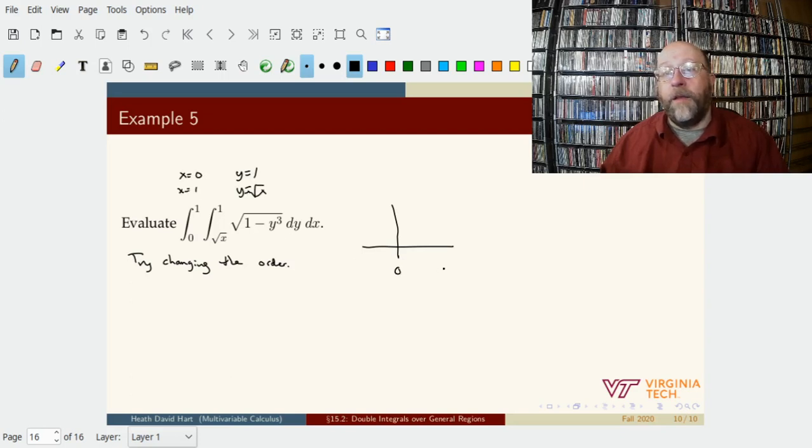So the x boundaries are 0 and 1, and y equals 1 is just a horizontal line. And y equals square root of x, the square root function, goes like so. In the y direction, we enter along the square root, go up, and leave along y equals 1. So it's the region between the square root and the 1.